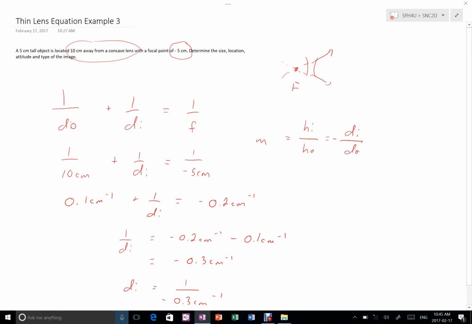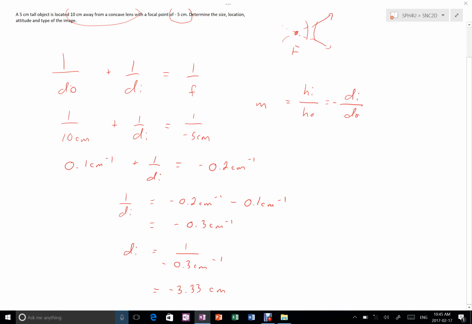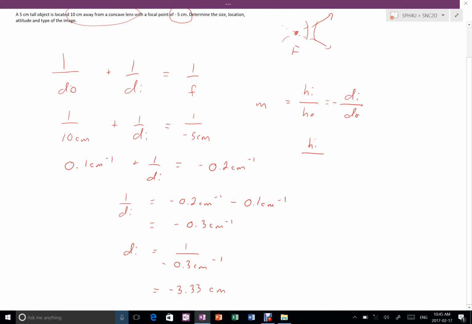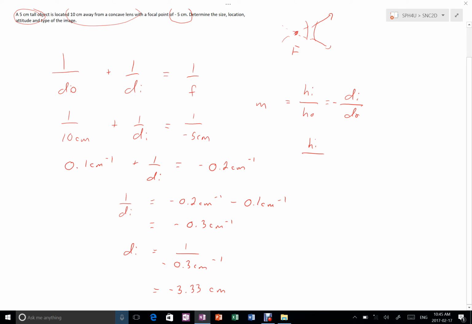Negative, right? So, the height of my image, I don't know. That's an h. I gave myself a 5 centimeter tall object here. Anyways, I have a negative image distance of 3.33 centimeters, and that's being divided by my object distance, which was 10 centimeters. So my magnification here is going to be quite low, or I'm going to make this thing smaller.